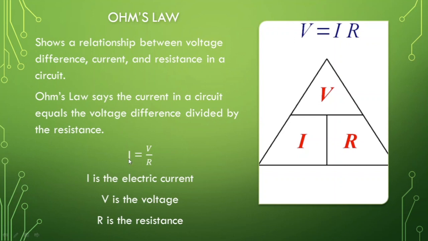Here is the equation for Ohm's law: I is the electric current. I don't know why I stands for current, but that's what it is. V is the voltage, and R is the resistance. Here's one of those little triangle diagrams where you can figure out how to algebraically manipulate it.